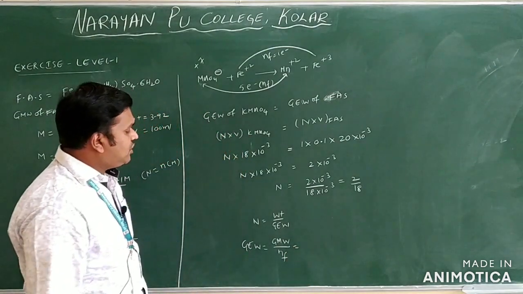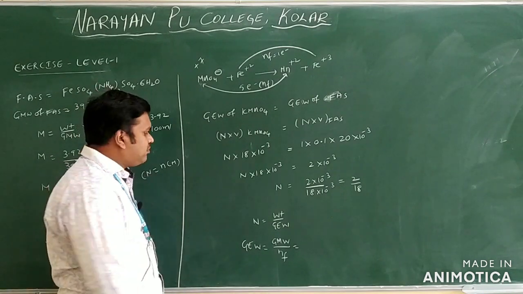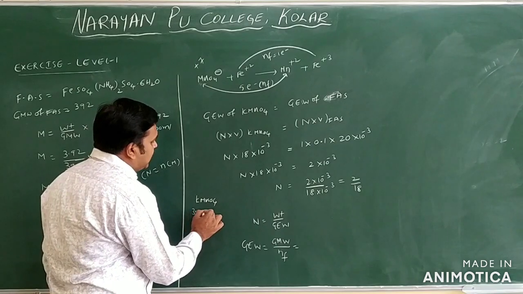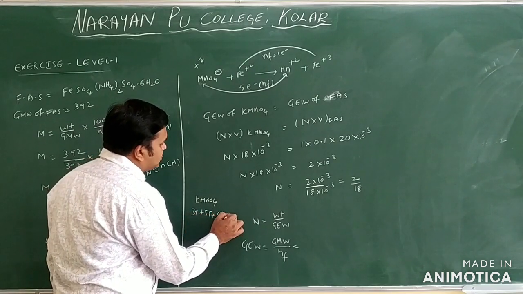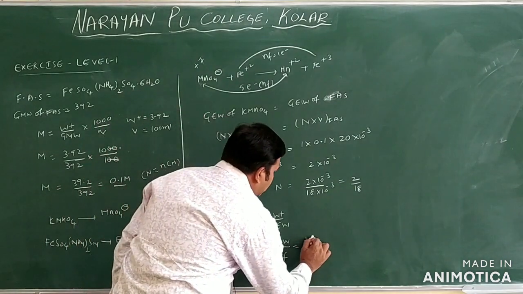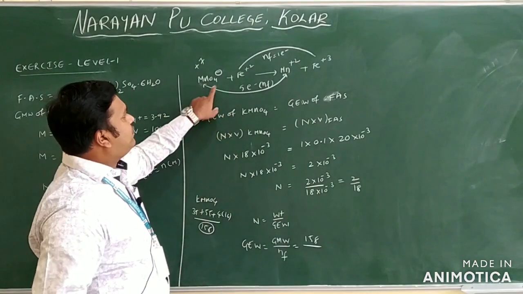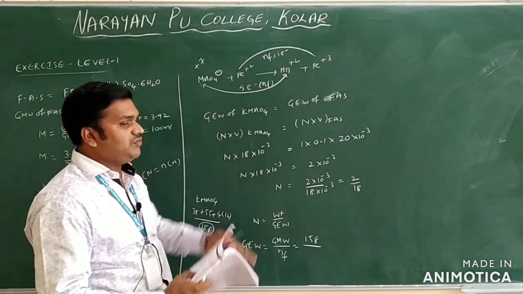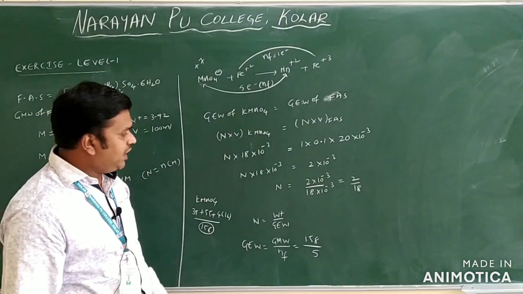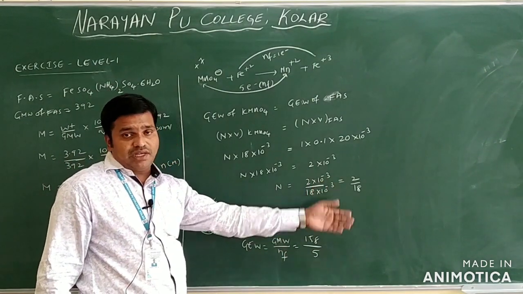We are finding it for potassium permanganate: 39 plus 55 plus 4 into 16 gives 158. The number of electrons changed is 5, so the n factor is 5. Then substitute the values: weight by 158 by 5 is equal to 2 by 18, and then you will get the answer.